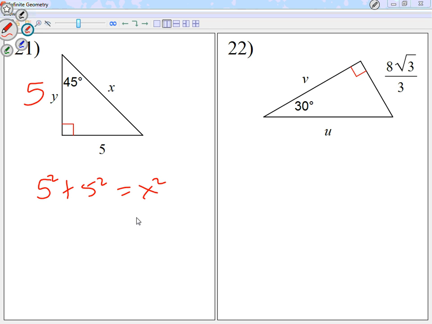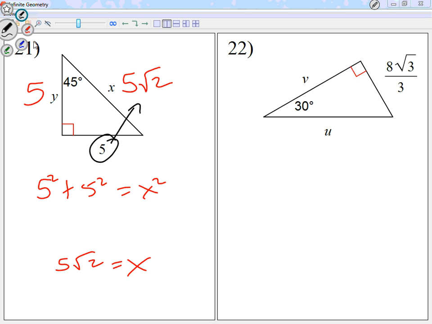If you don't remember the formula, you work this out and you're going to get that x is equal to 5 radical 2. Now, if you remember the formula, you know it is the side, which in this case is 5, times radical 2. That's basically the formula. Whatever number I have here, once I move it to the hypotenuse, I multiply by radical 2. Obviously, if I'm going backwards, I divide.